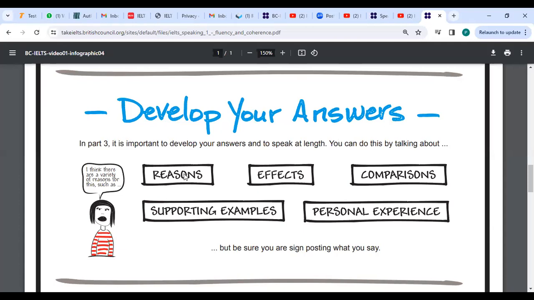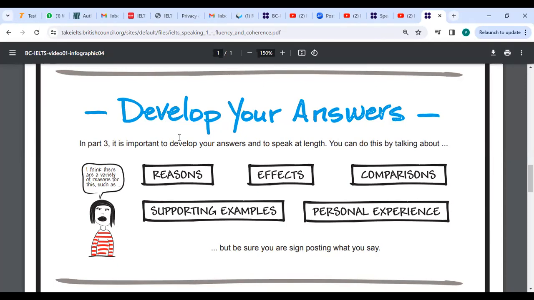We'll develop an acronym for that. RECSP: reasons, effect, comparison, supporting examples, personal experience. By the time you develop your point around these 5 topics, you have spoken for more than 2 minutes, and you are making a high band score.